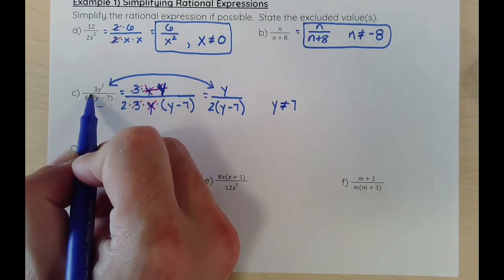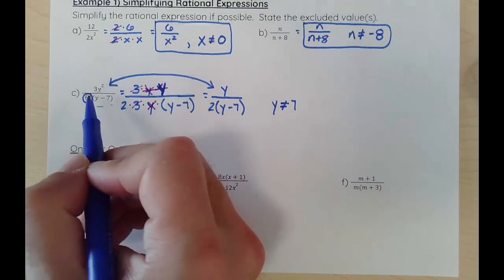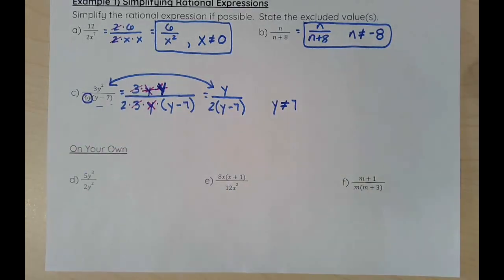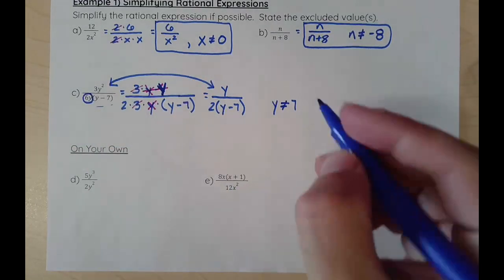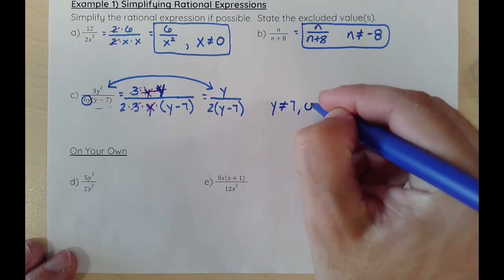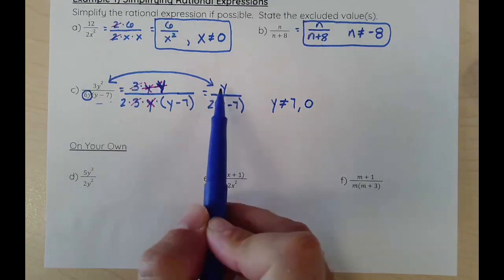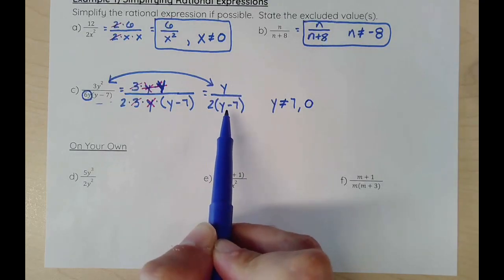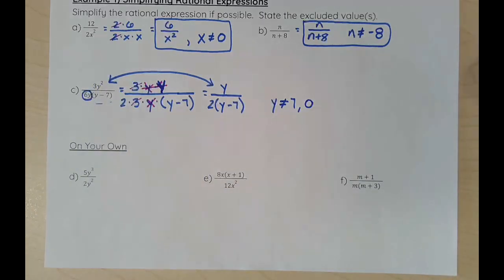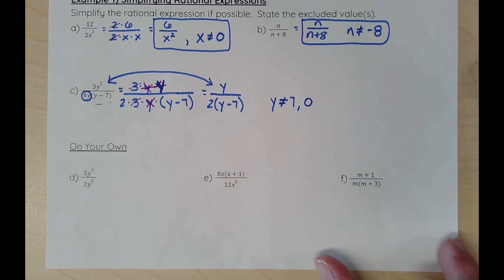What makes this 0? If y is 0, 6 times 0 is 0. So y also cannot equal 0. So y cannot be 7 and y cannot be 0. So we're going to check our simplified rational expression as well as the original rational expression. All right, you can pause here and try the next 3 on your own, and then we'll go through them.